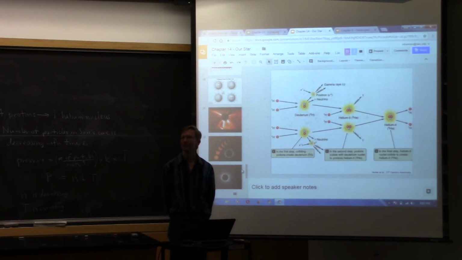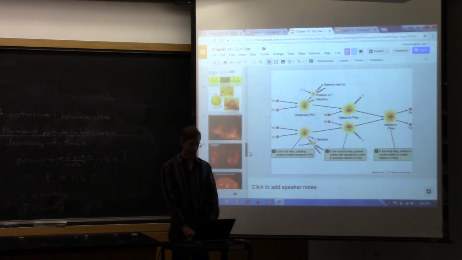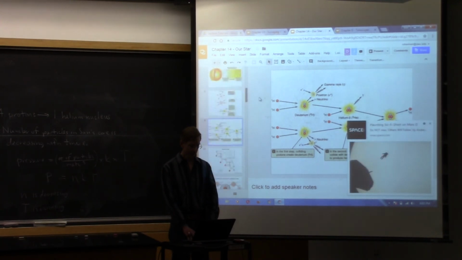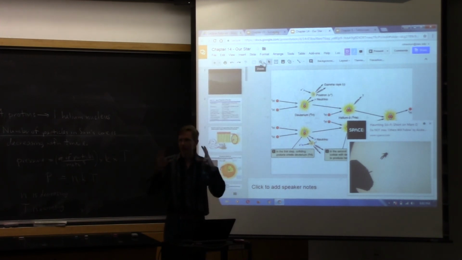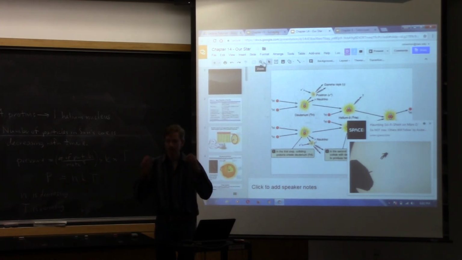Yes? Can you talk about the photosphere in terms of the sun's visual appearance? Yeah, so when we take photographs of the sun, or, and don't do this much, when you just look at the sun with your naked eye, it looks like it's a solid ball, right? It looks solid.